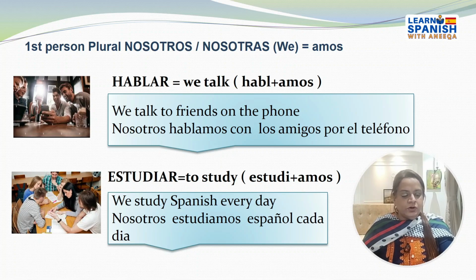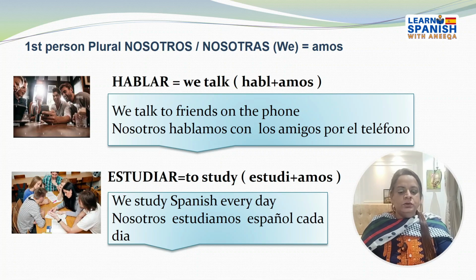What is the rule of conjugation? Remove the AR ending from the infinitive hablar and add the AR ending of the pronoun we, that is amos. So we say nosotros hablamos con los amigos por el teléfono. We talk to friends on the phone.